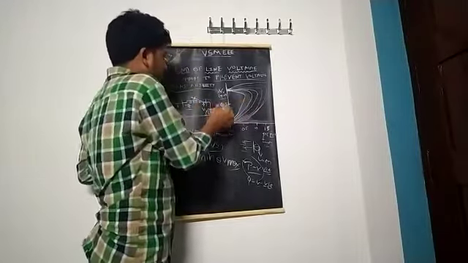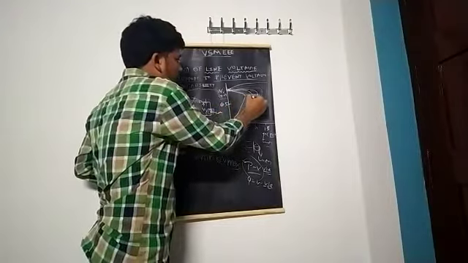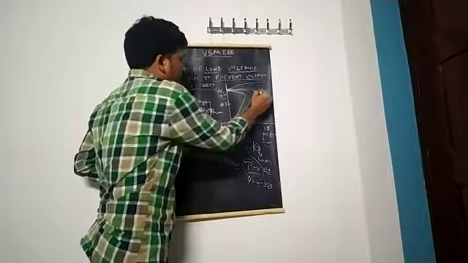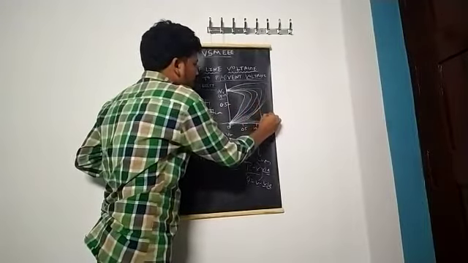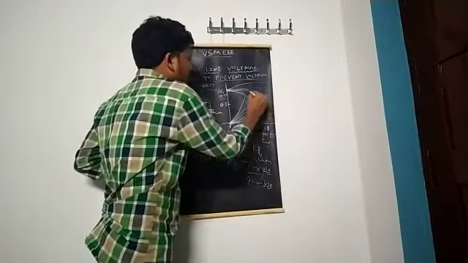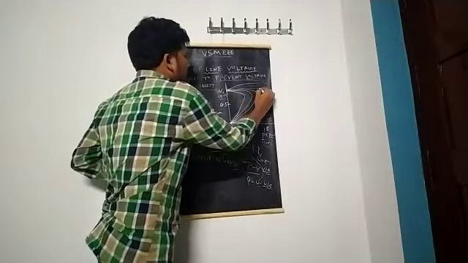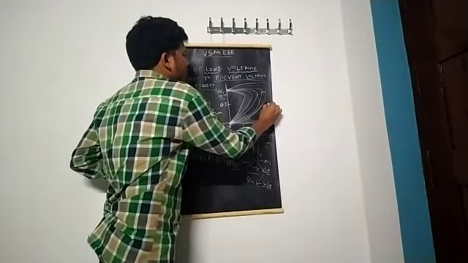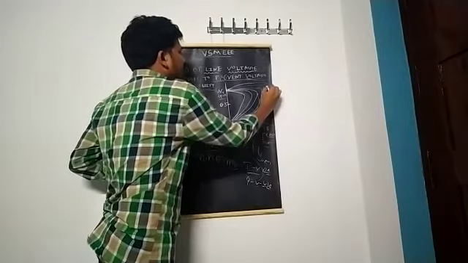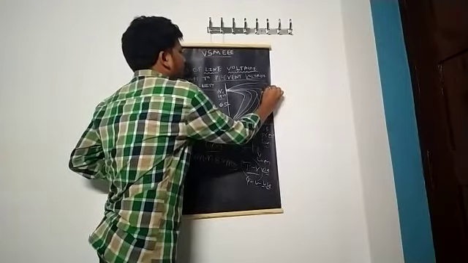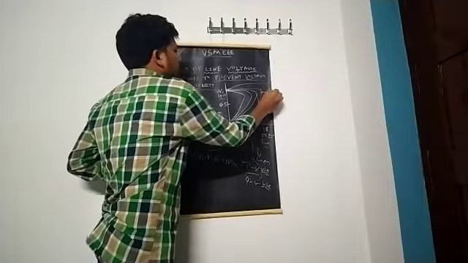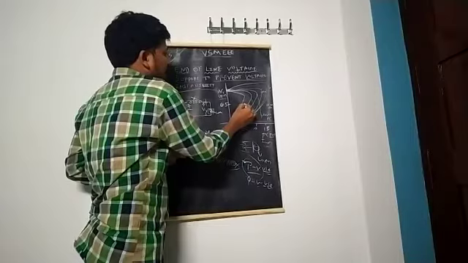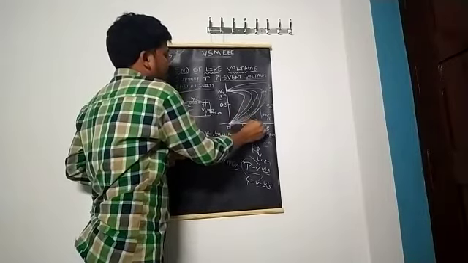Here we can observe that for different values of power factor, the P versus V curves change. This is the unity power factor curve, and this is 0.97 leading, this is 0.9 leading, and this is 0.95 lagging, and this is 0.85 lagging.